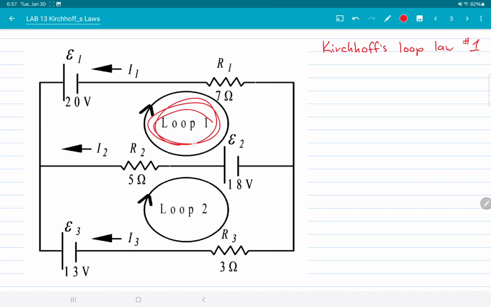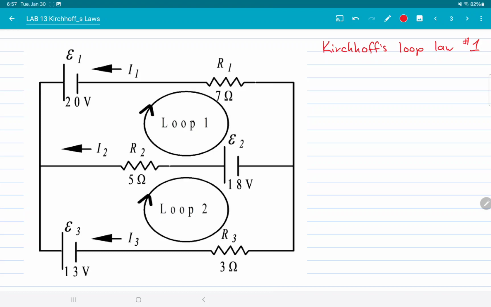So we have a loop here that's defined as loop number 1. Now, as I talked about in class with the loop law, if we go around a complete circuit and end up where we started, then the entire circuit has to have a 0 change in voltage as we've gone around.